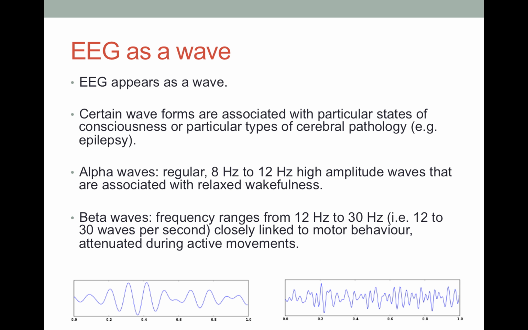The frequency of beta waves ranges from 12 Hz to about 30 Hz, in other words, 12 to 30 waves per second, and are closely linked to motor behaviour. In other words, they are generally attenuated during active movements. Low amplitude beta, with multiple and varying frequencies, is often associated with active, busy or anxious thinking and active concentration.